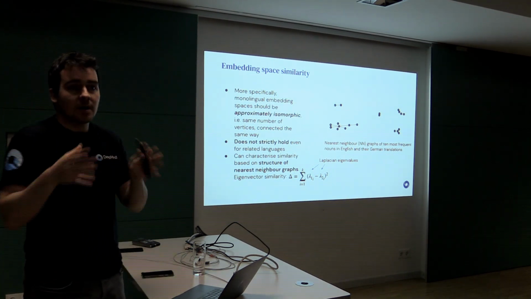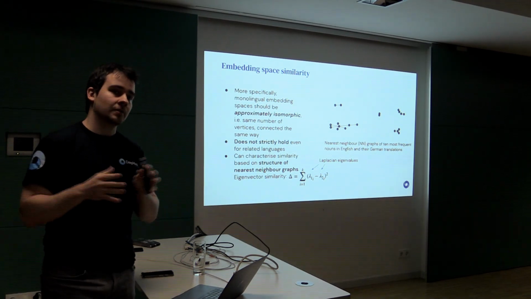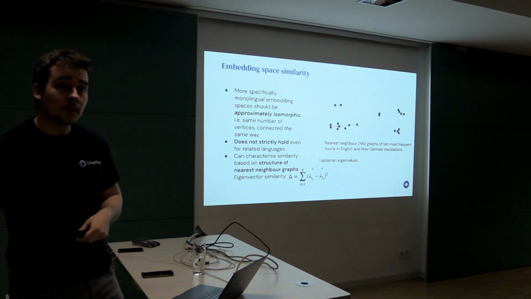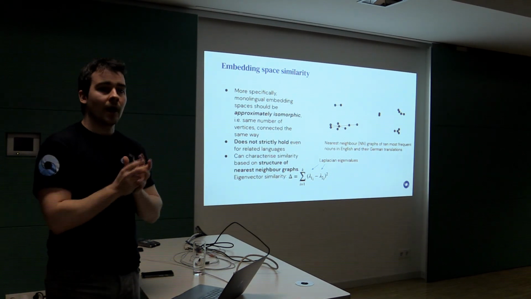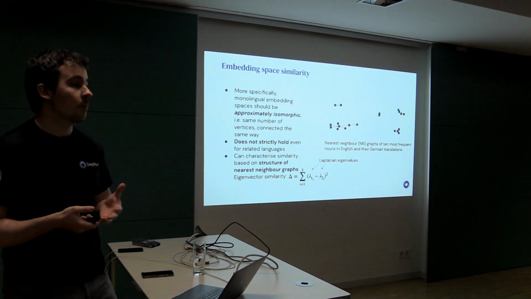If this sum of differences is very large, we would expect the embedding spaces to be dissimilar. And if the graphs were very similar, we would expect a small difference overall.